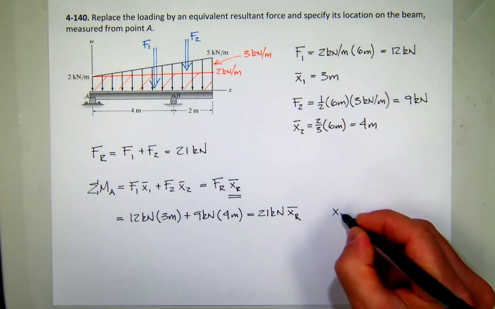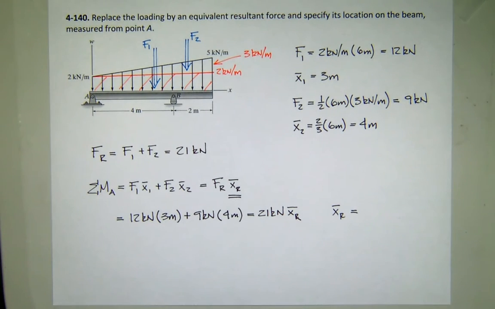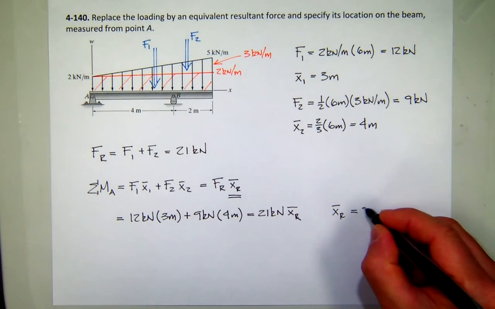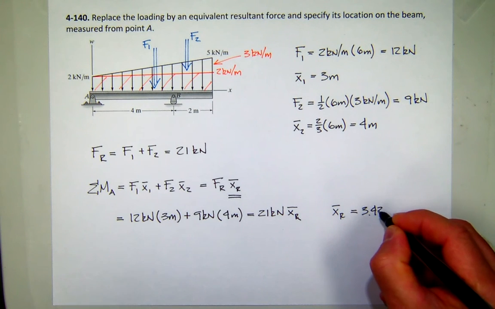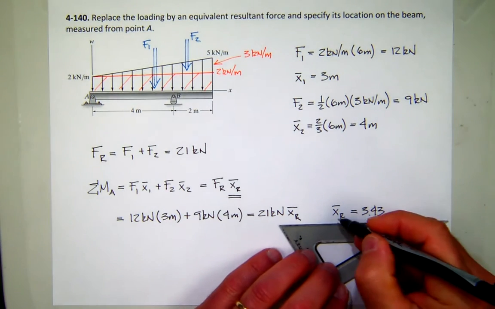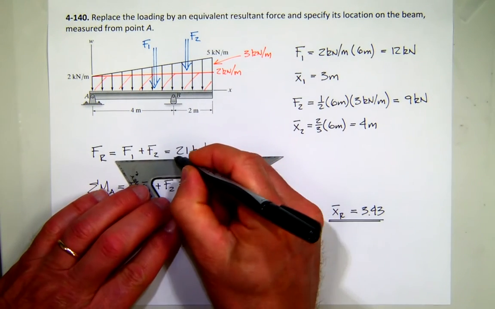So what is that position? 3.43. That was fast. That looks good to me. So now we know where it's located and what its value is.